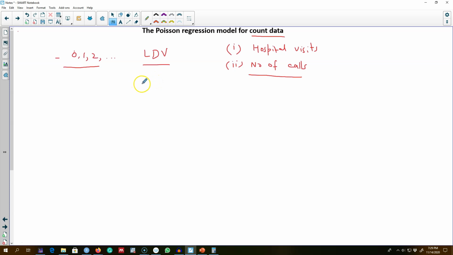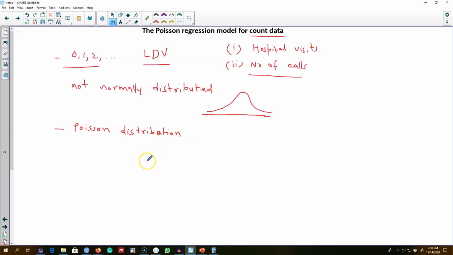Why? Because a count variable cannot take a normal distribution. And we saw that one of the assumptions of OLS was that our variable is normally distributed, but in the case of count data, the count variable will fall into a Poisson distribution.